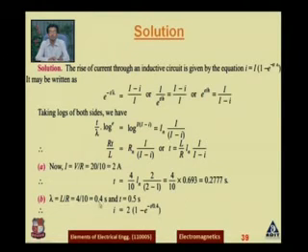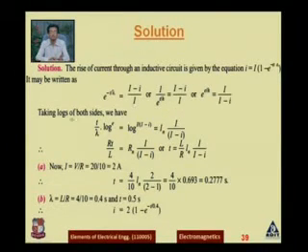If we rewrite the equation, we can write e raised to minus t by lambda as, moving I to this side and this one to the other side, e raised to minus t by lambda is equal to (I minus small i) divided by I.